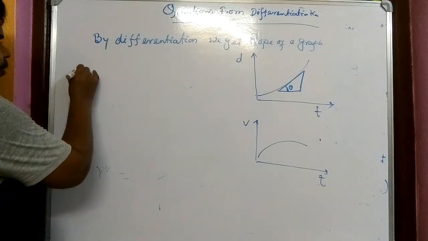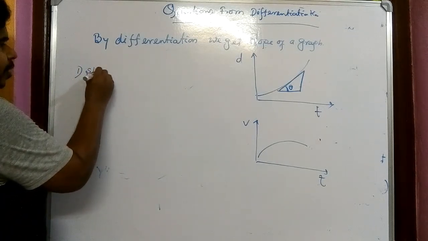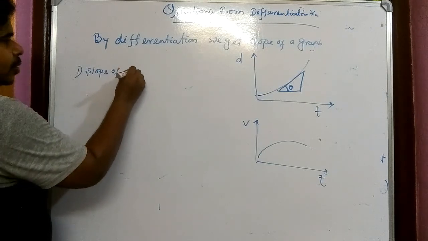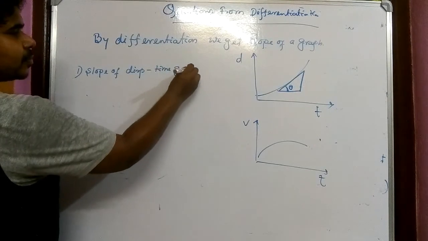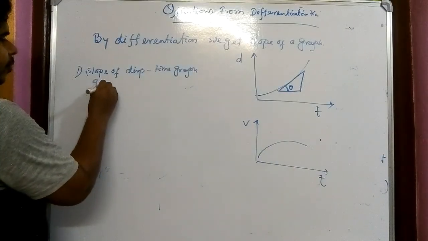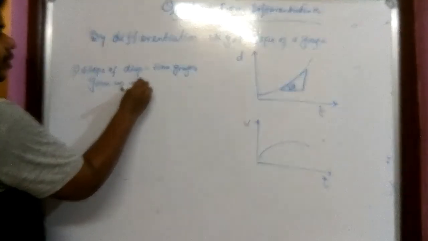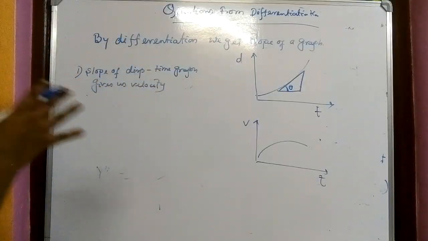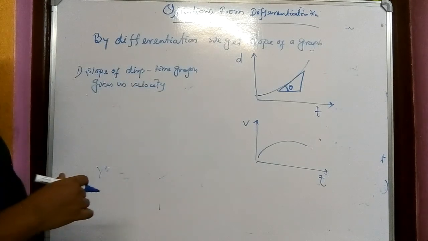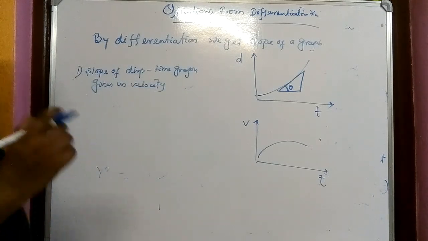So we know that the slope of the displacement time graph gives us velocity. So if I have a displacement equation and I differentiate it, I get velocity.